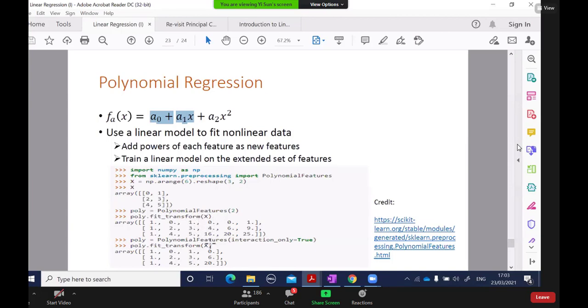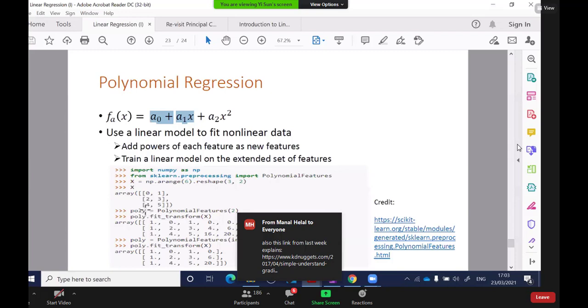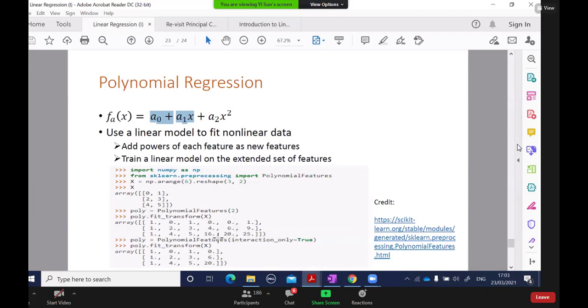Now, the first feature to the power of 2: 0 to the power of 2 is 0, 2 to the power of 2 is 4, 4 to the power of 2 is 16. The next column is the second original feature to the power of 2. The last column here is to the power of 2 for this one.